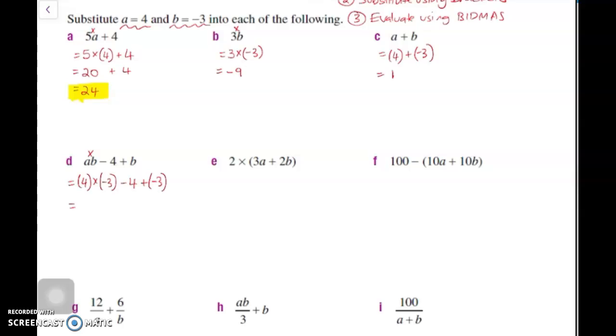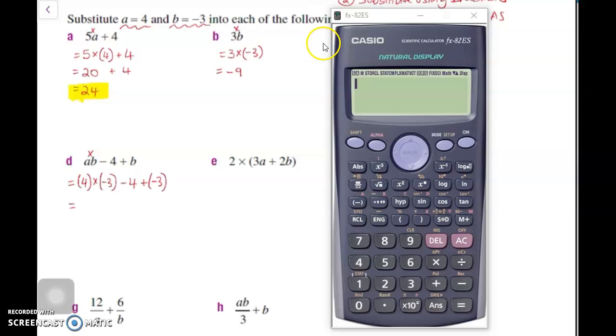And then you evaluate that using your order of operations. Now the quicker way to calculate this is using your calculator. So you can put the calculation into your calculator and evaluate it that way. If I put in all the values and then press the equal sign, I get the final evaluated answer, which is -19.